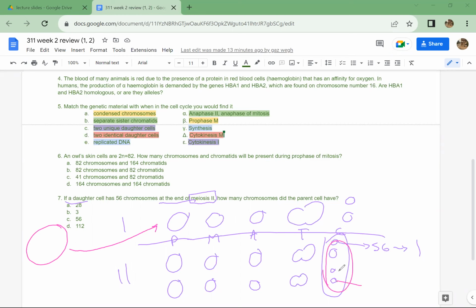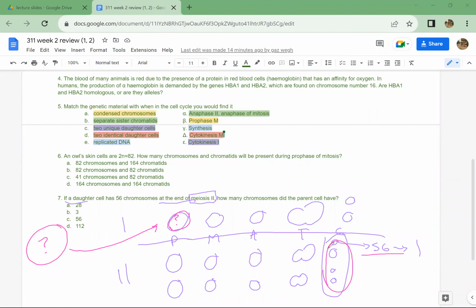This circle here could be a sperm cell, this one an egg cell, you get the point. So if at this point we have 56, how many chromosomes did this cell here have? That's something you have to be able to recognize within the question. We're asking, how much genetic information did this cell have? And we can work backward.